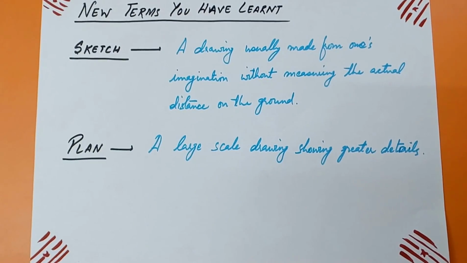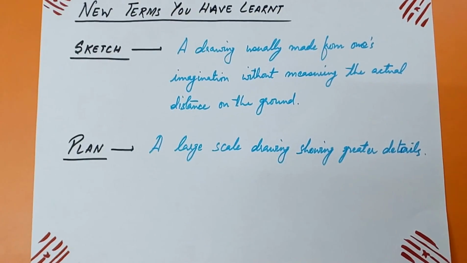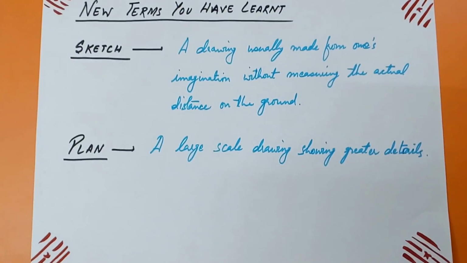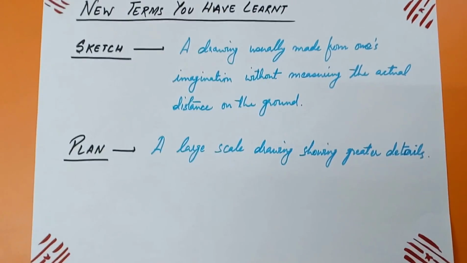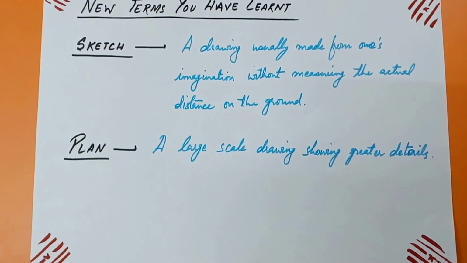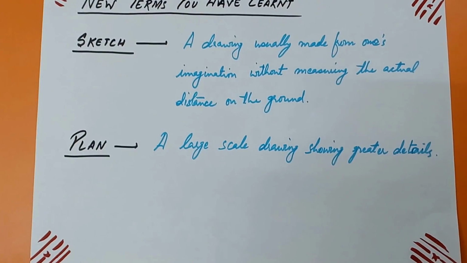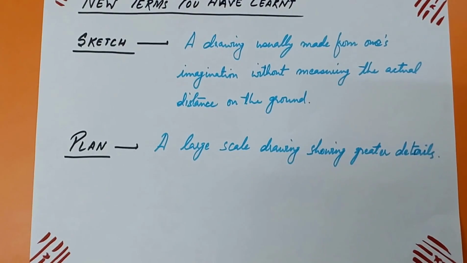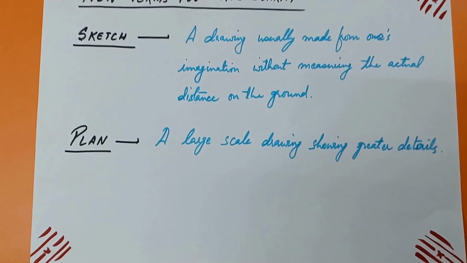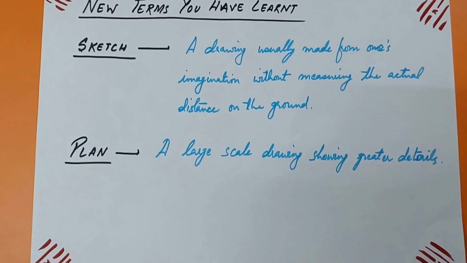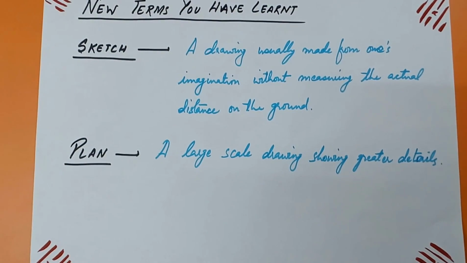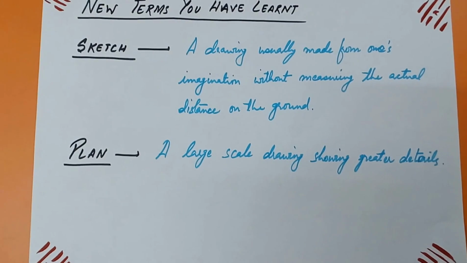Now I will deal with the third part of the chapter. New terms you have learned. First is sketch, a drawing usually made from one's imagination without measuring the accurate distance on the ground. That means it can be drawn roughly without any scale.